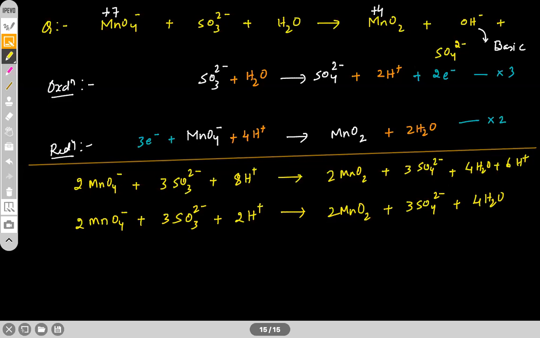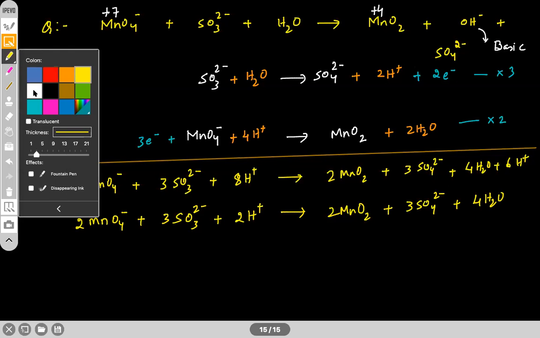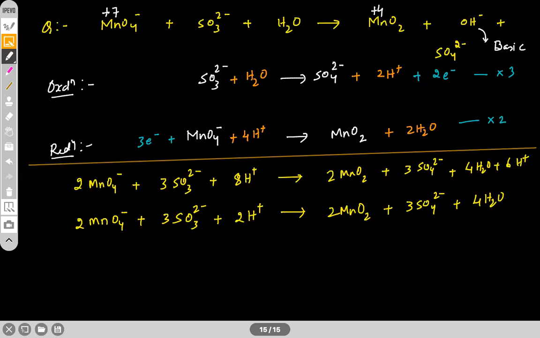Till here, I have used the rules of acidic medium. We haven't done anything for basic medium. Yes or no, guys? We have done only for acidic medium.